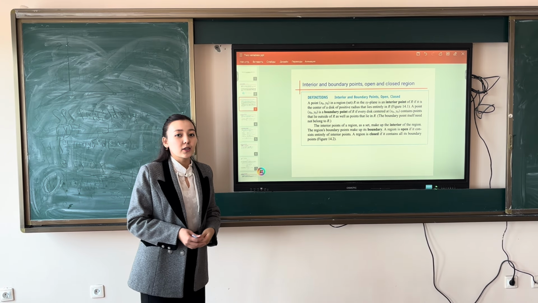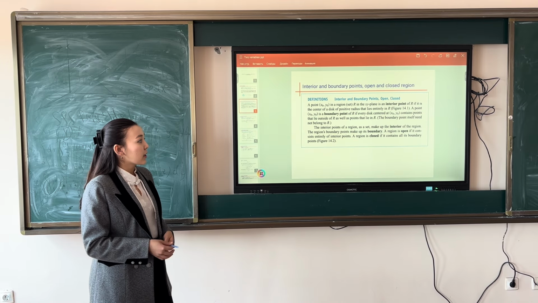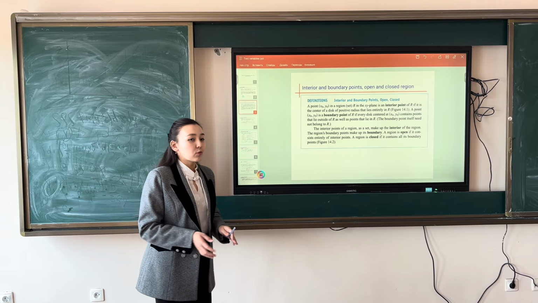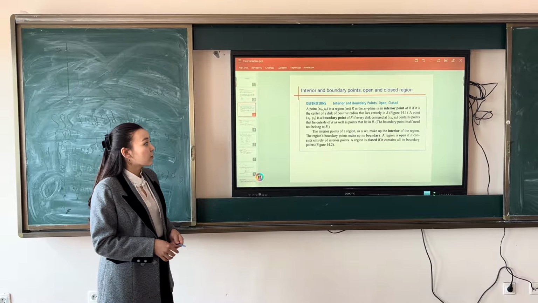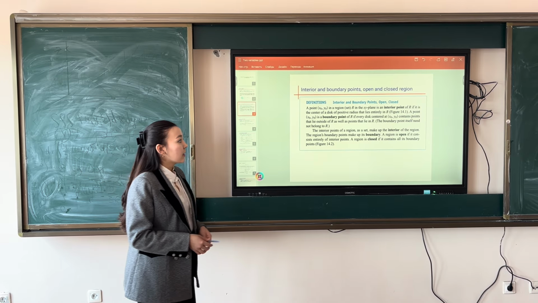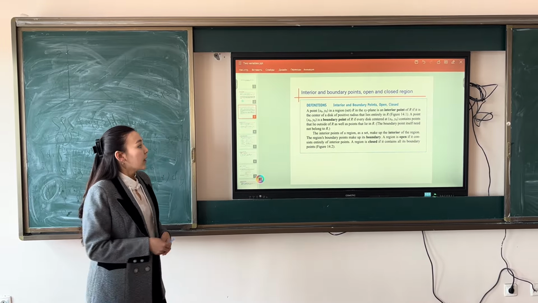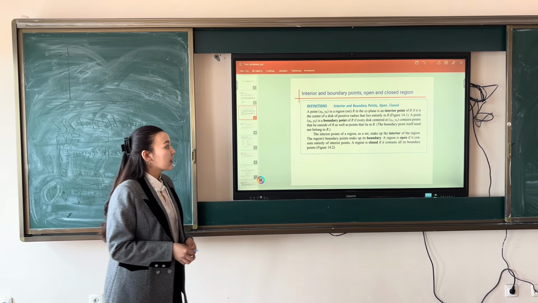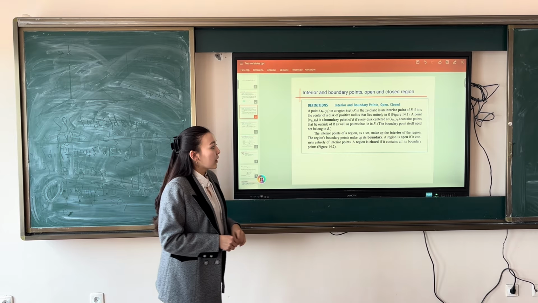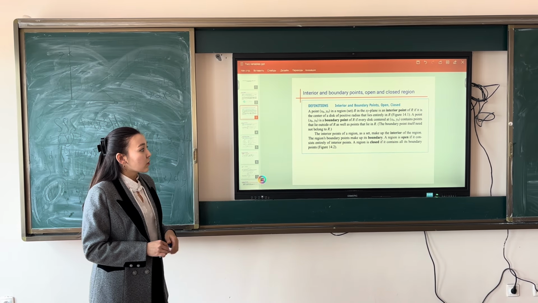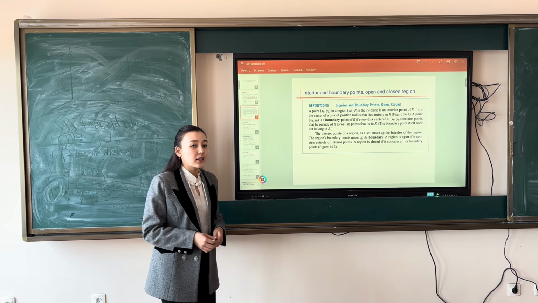A point (x0, y0) in a region R in the xy plane is an interior point of R if it is the center of a disk of positive radius that lies entirely in R. A point (x0, y0) is a boundary point of R if every disk centered at (x0, y0) contains points that lie outside of R, as well as points that lie in R.